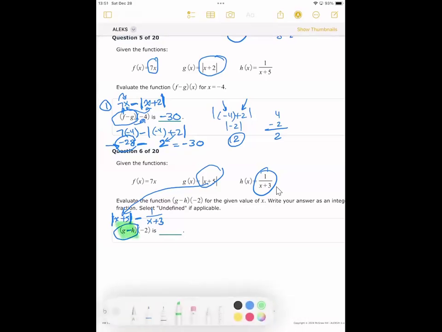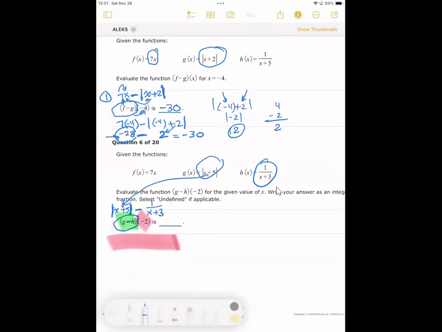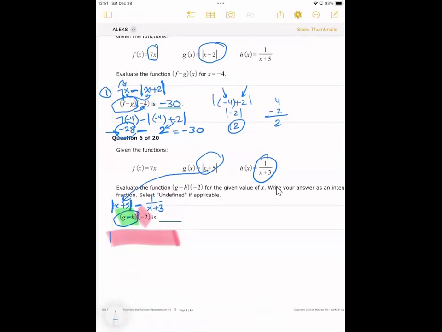Now we want to do the second part. It means substitute -2 for all the x's. So I have the absolute value of x plus 5 minus 1 over x plus 3.